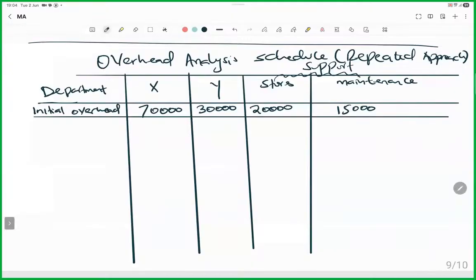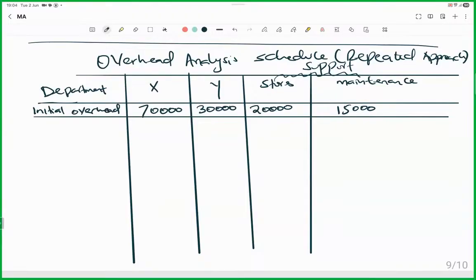So I have departments X, Y, then stores and maintenance. X and Y are the production departments, the main step, and stores and maintenance are support departments which shall never be allowed to carry their own costs. So the initial overhead is like that. We start by allocating the 20,000 from the stores.